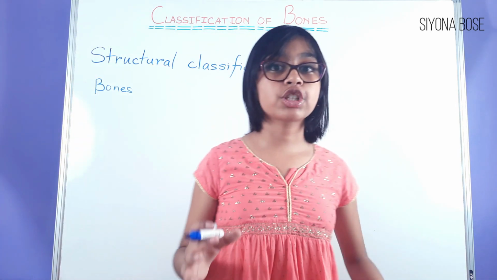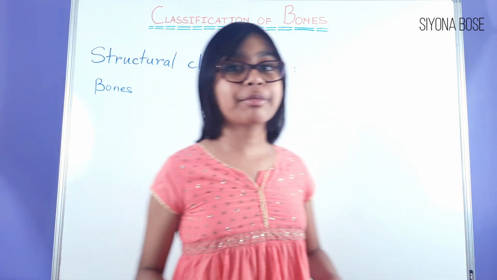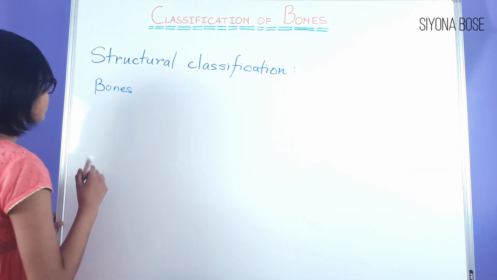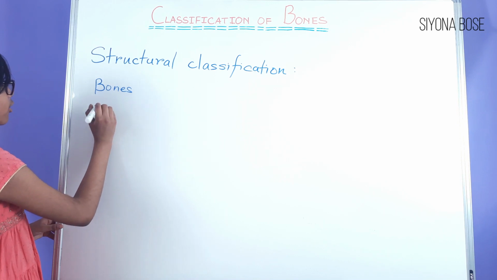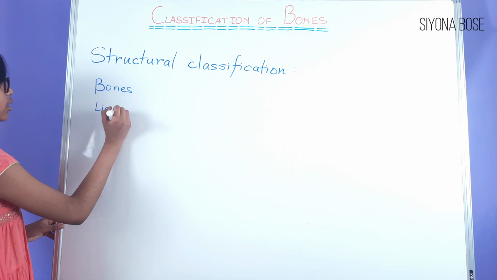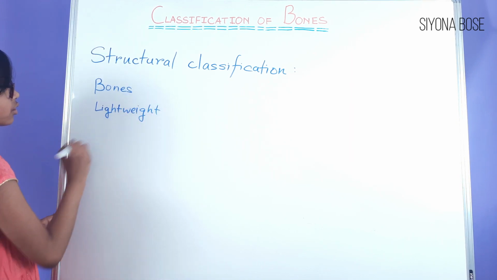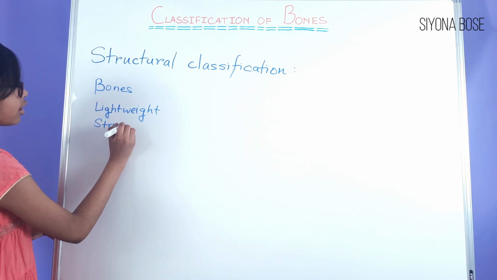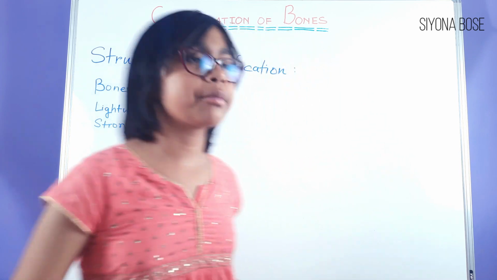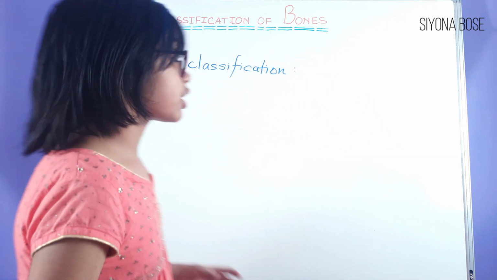If we replace bones with iron, let's say, it will not give whatever bones give us, because bones have so many properties. As I discussed previously in functions, they're lightweight, strong, and the best part of bones, which no other substance put in place of bones can do, is that they can retrieve back.